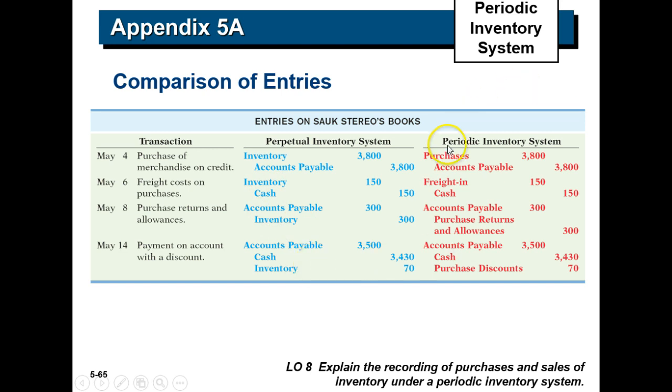But when we're using what's called the periodic system, we're showing the purchases, we're showing the freight in, we're showing purchase returns and allowances and discounts. So instead of everything being treated as inventory under the perpetual system, ultimately it's going to go into inventory, but we're treating it differently. This is an important slide just to keep track of the differences, okay?